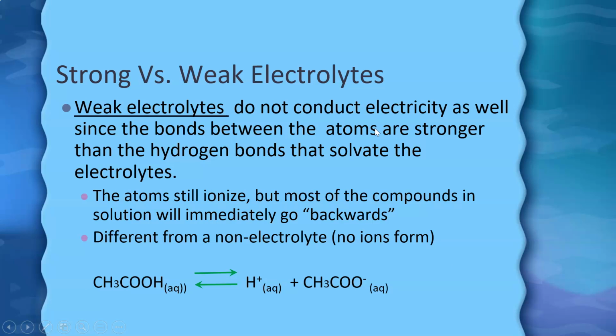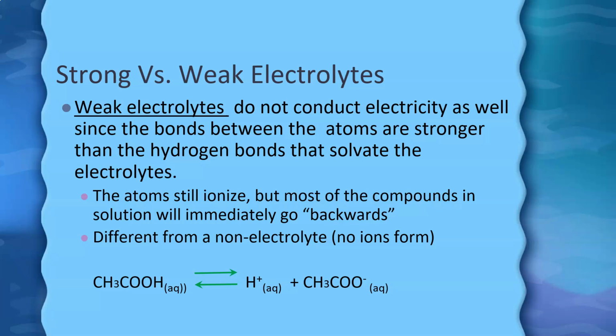So as I mentioned, a weak electrolyte generally does not conduct electricity as well. And that's really because when we consider it, the bonds between the atoms are actually going to be stronger than the hydrogen bonds that solvate the electrolyte.